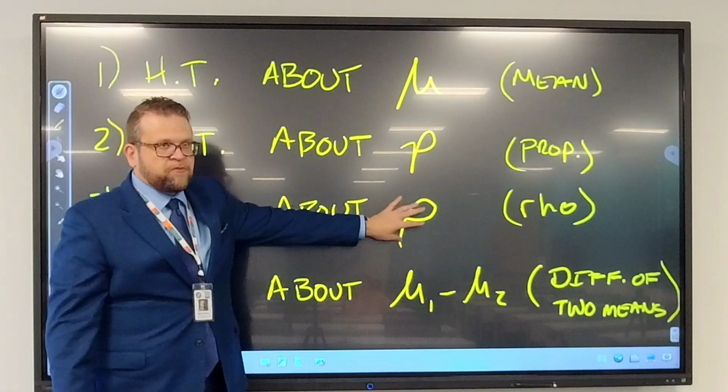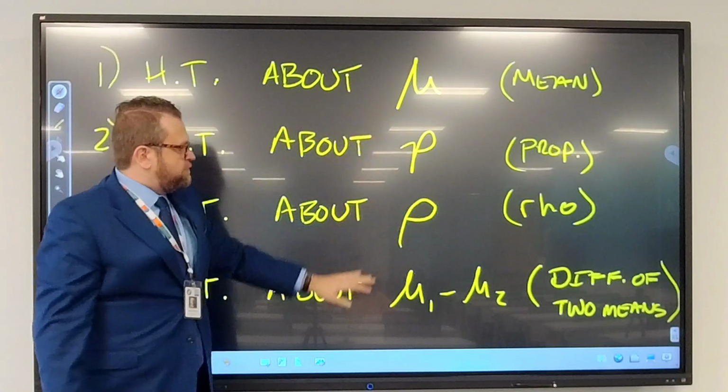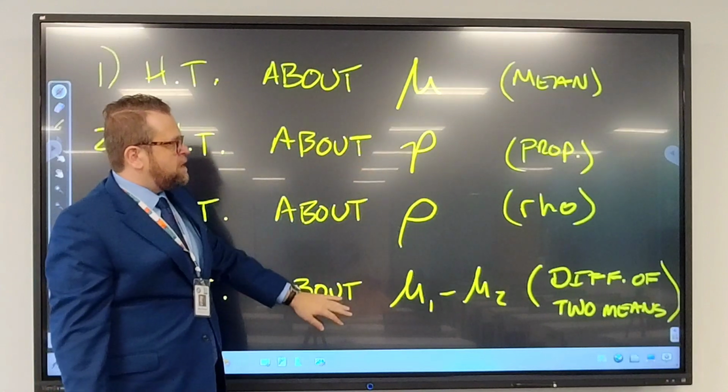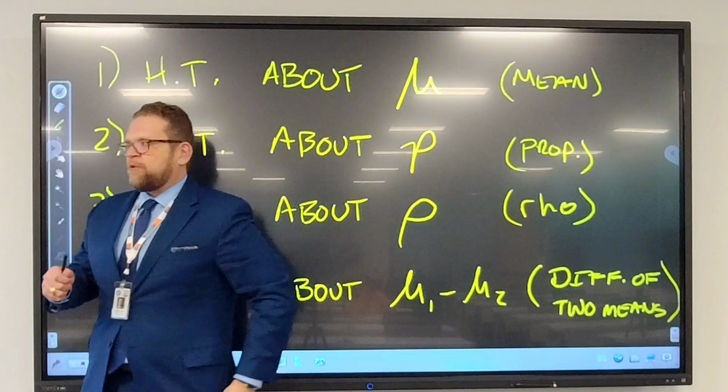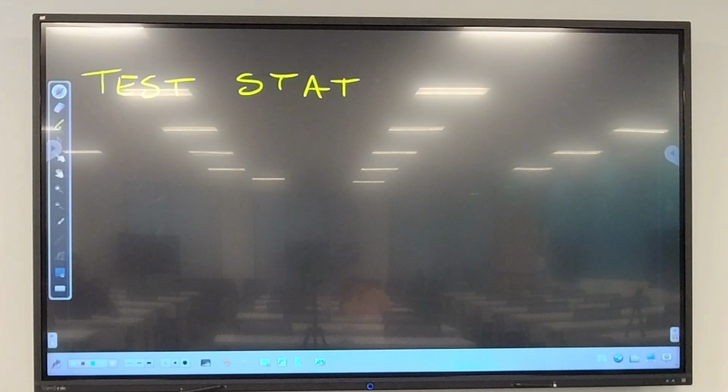This one is special. We never saw the test statistic for this, but the test statistics for each of these, even this one that you didn't see, has the form of a z-score. The test statistics every time had the form of a z-score.